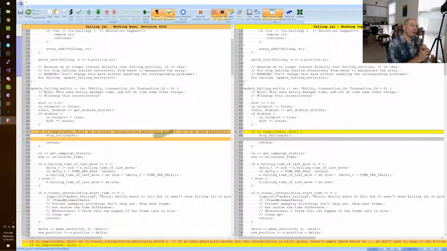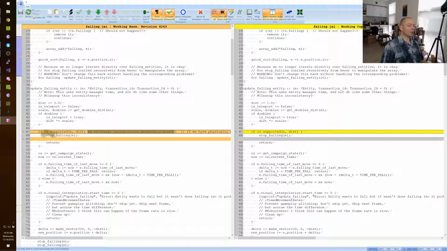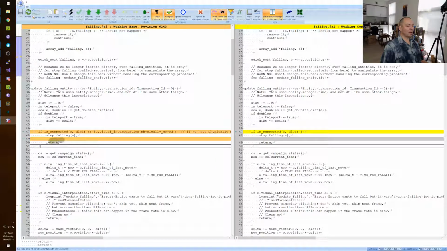And we changed the meaning of it when we removed this physically moved variable from the visual interpolation before. I just removed this from the statement, but that changed the meaning of this test. So this test used to be like, hey, if we haven't fallen past the midpoint when we change squares and something scooted under us really fast, then stop falling. Now it's like, hey, anytime that we are somewhere in a square and we're being supported, stop falling.